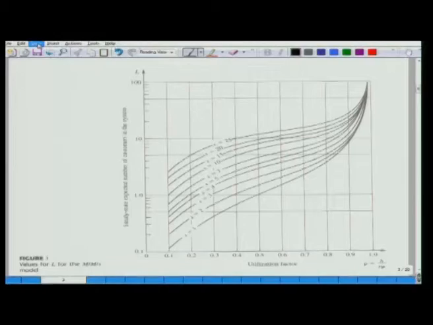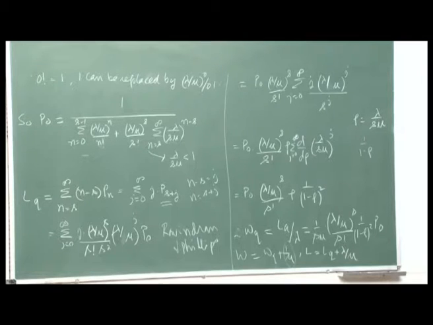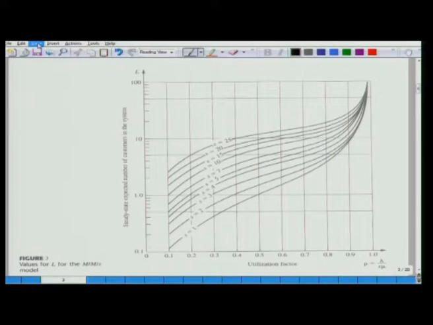So, the conclusions are the ones that you expect, but they give you a more accurate way to find out, for the utilization factor and number of servers, what will be the expected number, because computing P naught is tedious. From here, for different values of rho and number of servers, you can find out the expected number of people in the system.